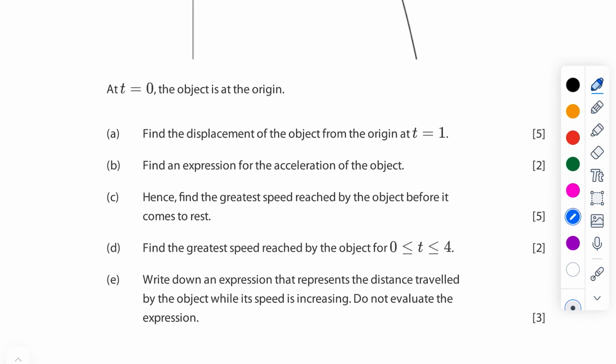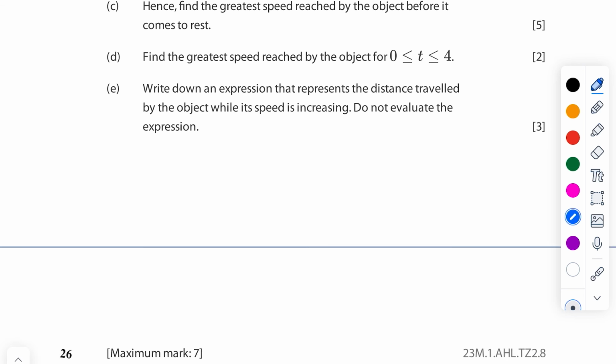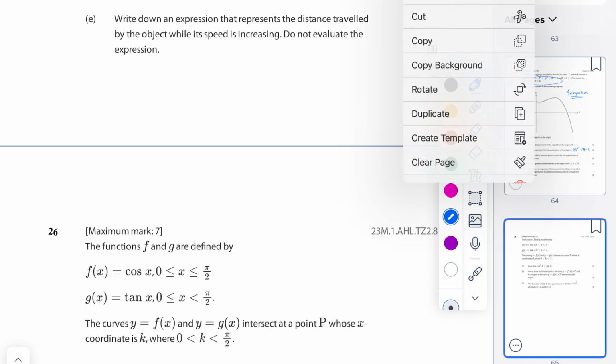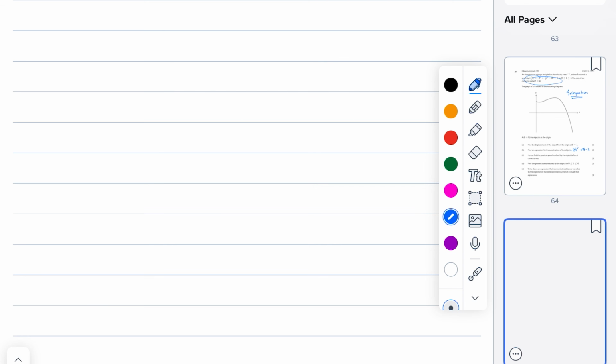Find an expression for acceleration. So just find the derivative: minus 3t square plus 7t minus 2. Greatest speed reached before it comes to rest means acceleration should be equal to 0.